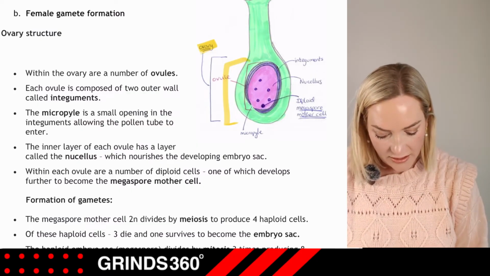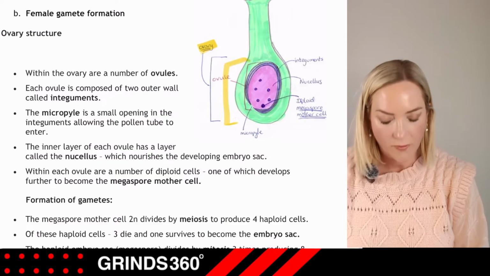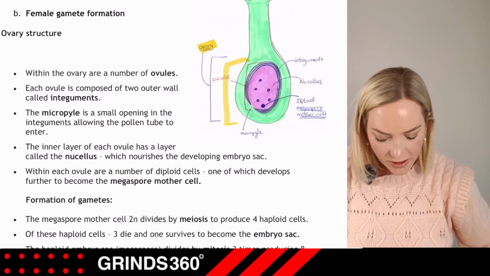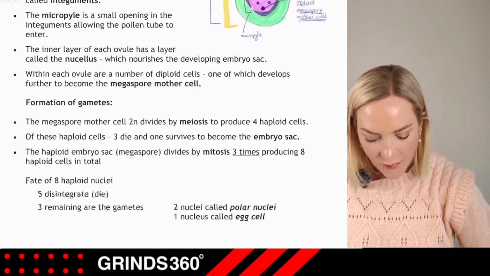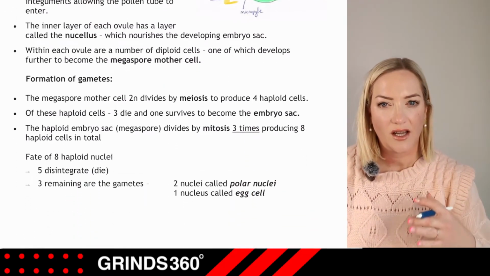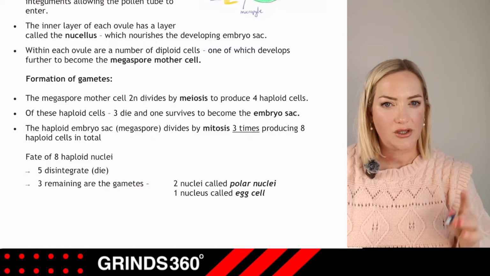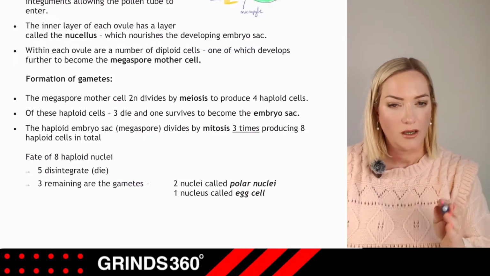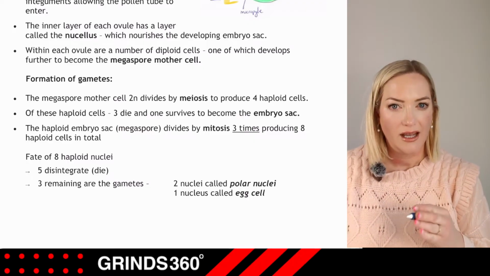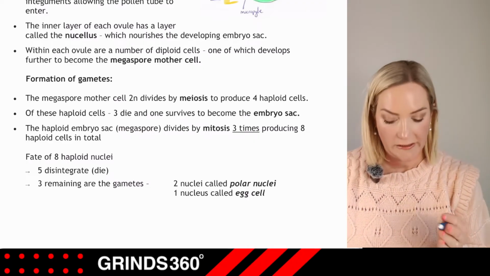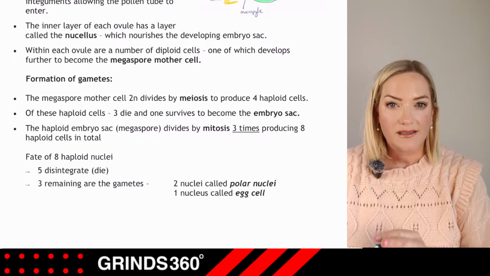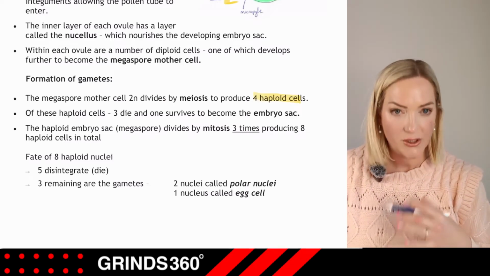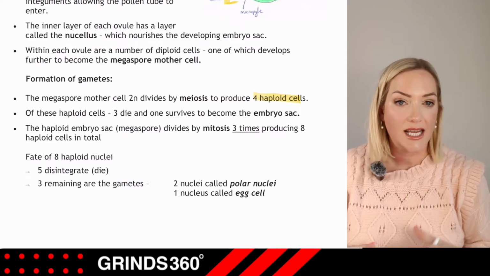So within each ovule are a number of diploid cells, one of which is going to become the megaspore mother cell. So your megaspore mother cell is going to divide by meiosis to produce 4 haploid cells. With the male gamete, it's the microspore mother cell that also will divide by meiosis, producing the 4 haploids, which is still the same as the tetrad.